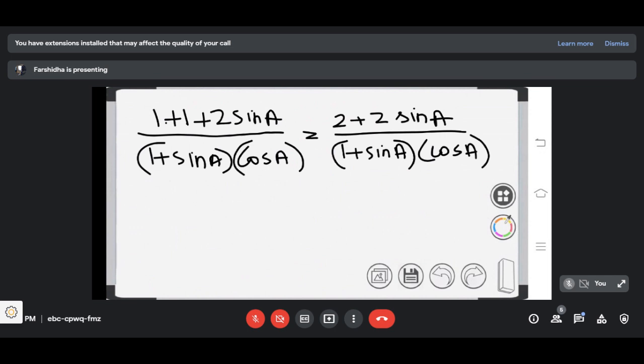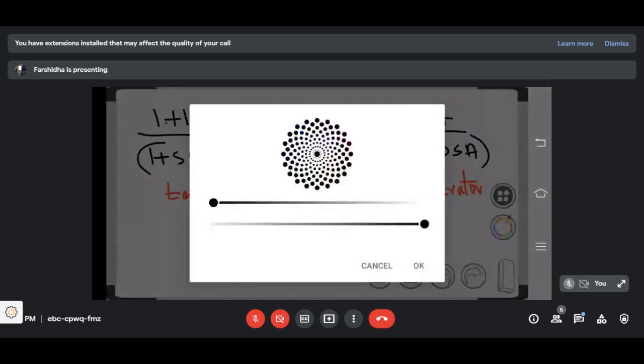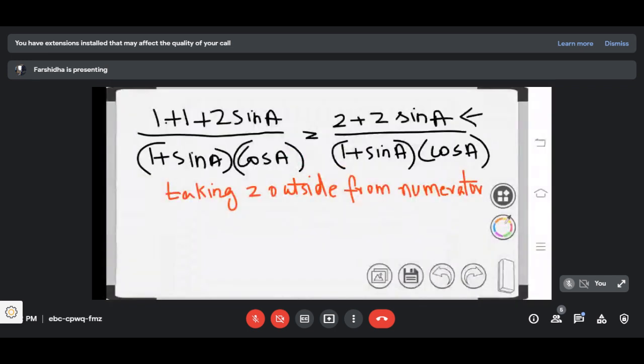Then below that, write taking 2 outside from the numerator. So from the numerator, we're going to take 2 outside. So 2 into, when you take 2 outside, here it will be 1 plus, from here also we are taking 2 outside. So what is there?